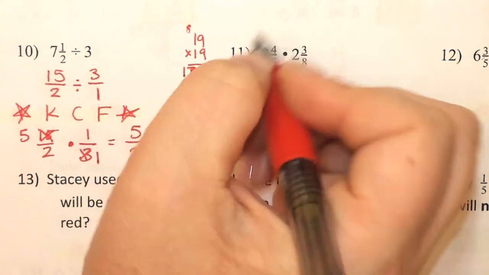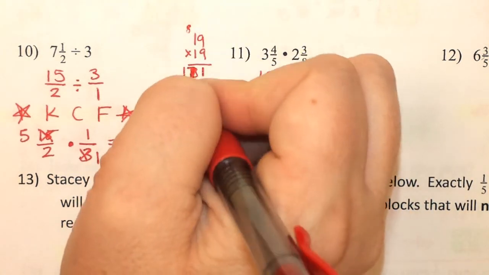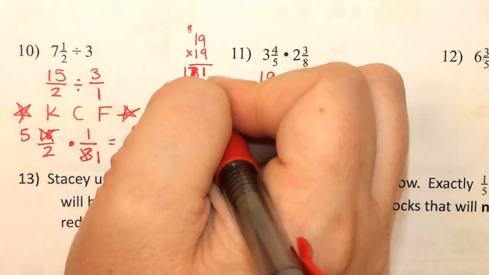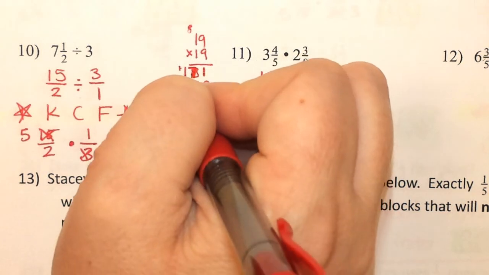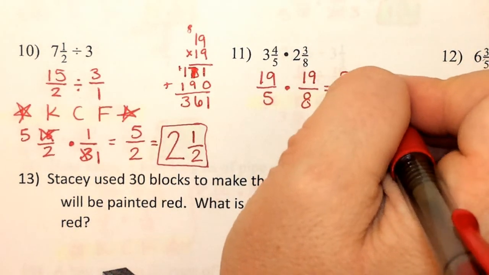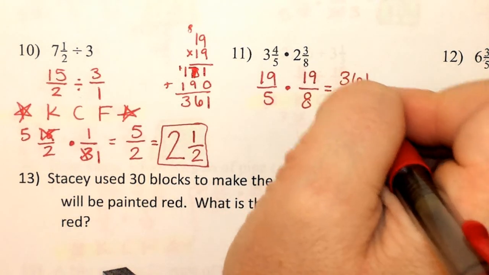All right, put my 0 as a placeholder. 9 times 1? And 1 times 1. So adding that up, I get 1. 7 plus 9 is? 16. 1, 1, and 1 is? So for the top, I have 361 over 40.